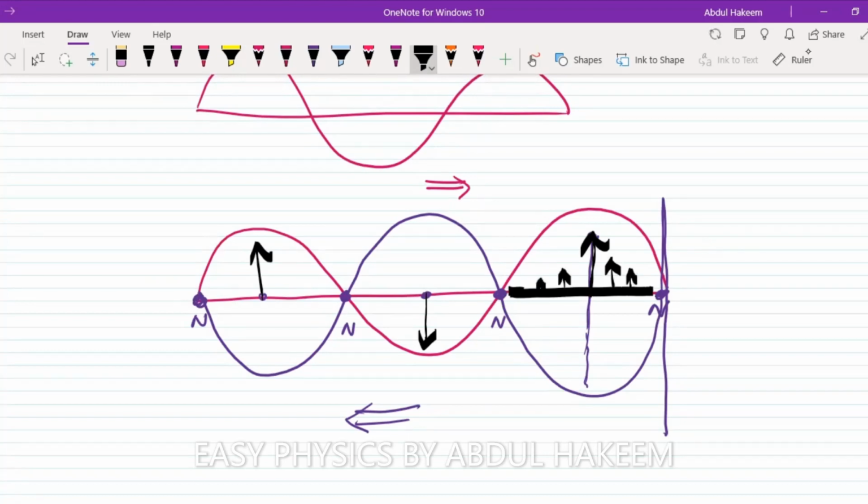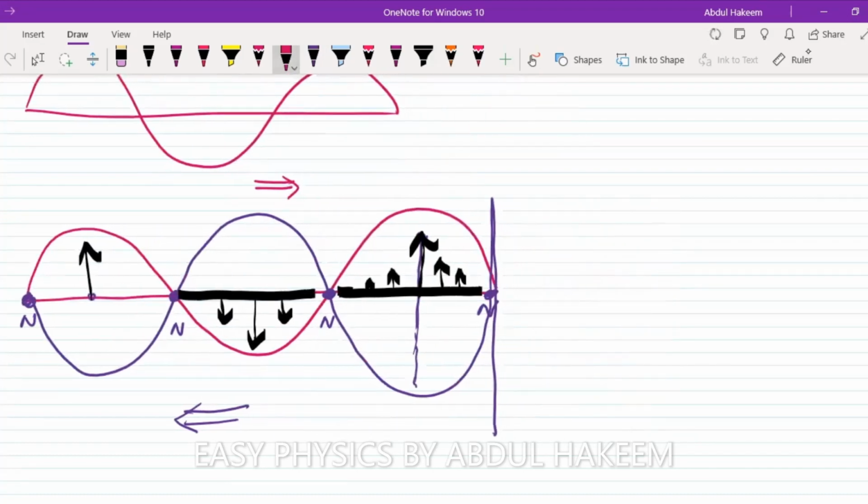But when compared with the neighboring loop, they will be out of phase. And the distance between two consecutive nodes, node to node, is lambda by 2. The distance between two consecutive antinodes is also lambda by 2, but the distance between a node and the next antinode is lambda by 4.